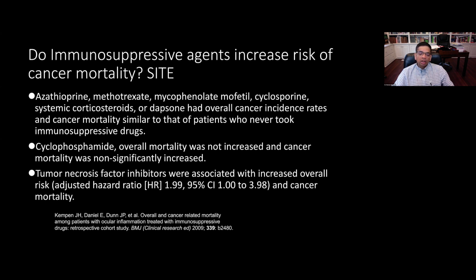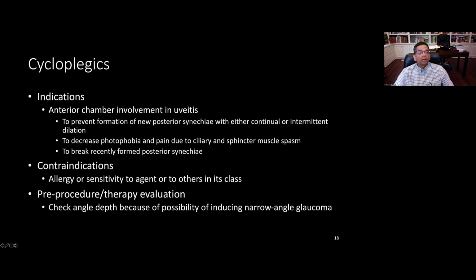And with TNF inhibitors like adalimumab (Humira) and infliximab, there was an increased risk, a hazard ratio of around 2, of cancer or cancer mortality. So it's important to remember that TNF inhibitors aren't necessarily the safest choice of drug, but they're often necessary.